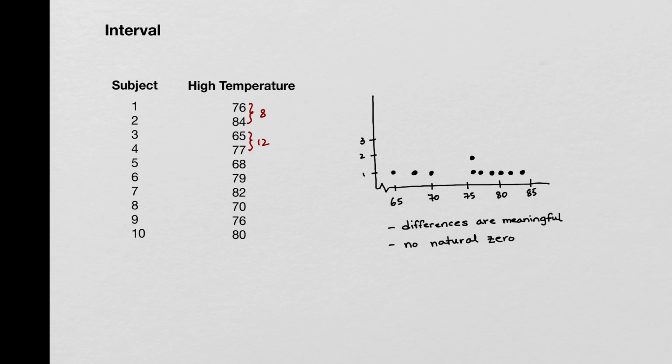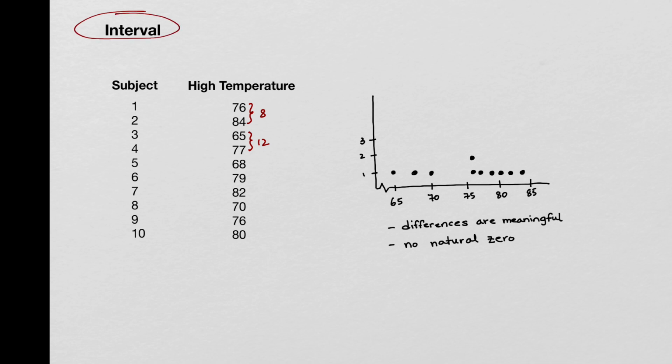So we can see these laid out in the chart, and that is certainly quantitative data, but again, if we went down to 0, that doesn't mean there is no heat whatsoever. So there's no natural 0. That makes this one interval.